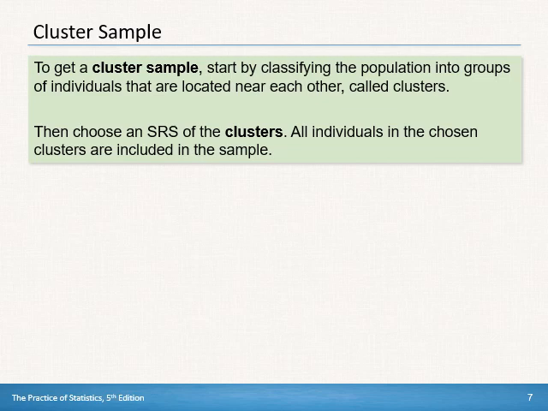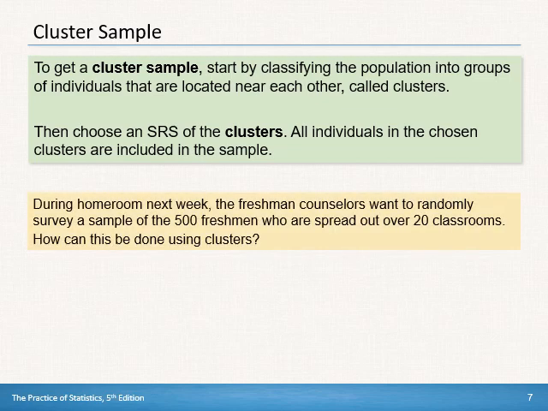So for example, during homeroom next week, the freshman counselors want to randomly survey a sample of the 500 freshmen. So let's assume we have 500 freshmen, and these 500 freshmen are spread over 20 different homerooms. So during homeroom next week, the counselors will randomly pick maybe one, maybe two, depending on how many they want to sample, but let's say they sample 2 classrooms.